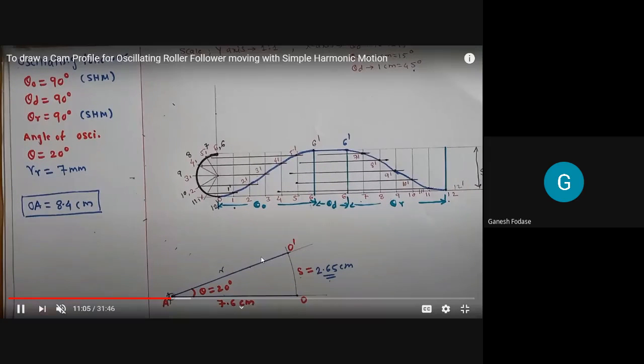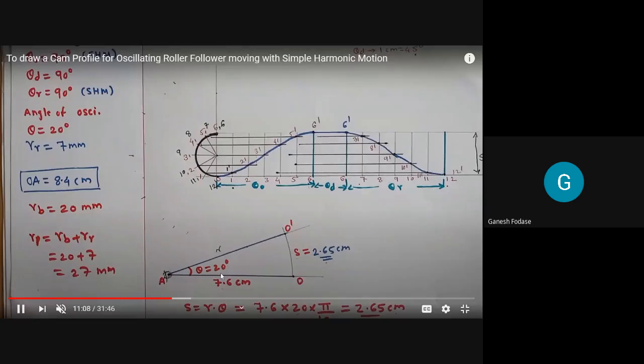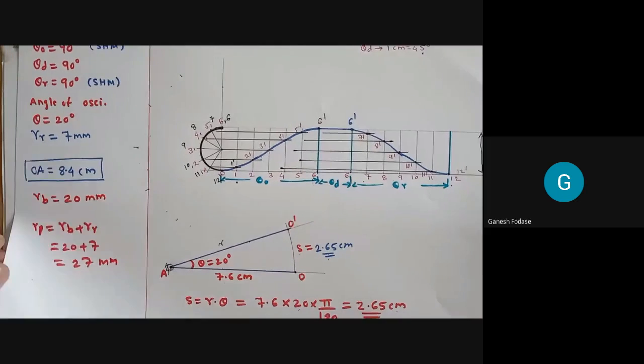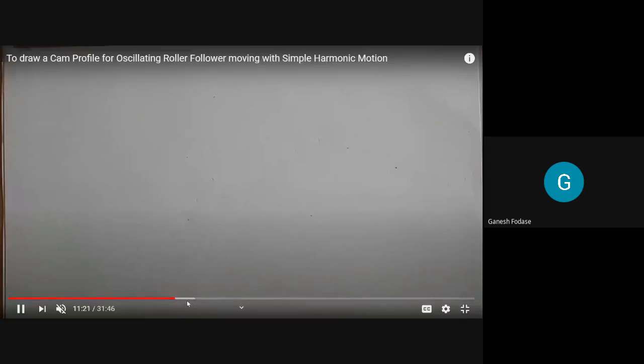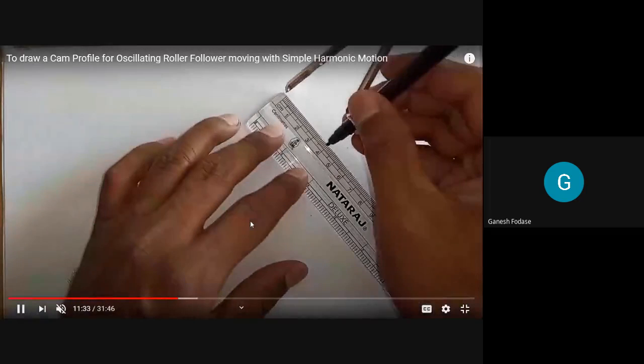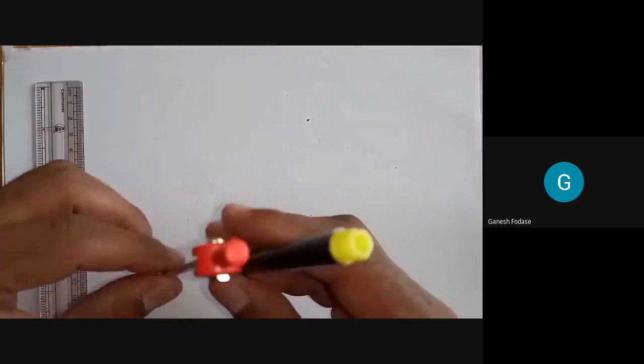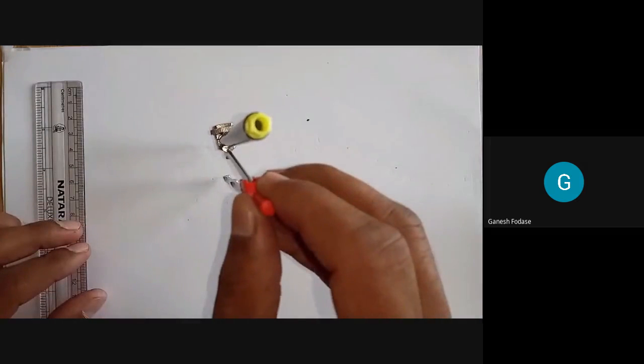Now the follower is an oscillating follower. So for an oscillating follower, how to draw the cam profile? For drawing that, we just need to draw one circle, and you can see the length we are taking in the circle.